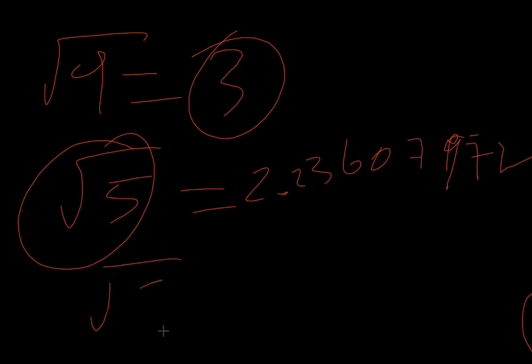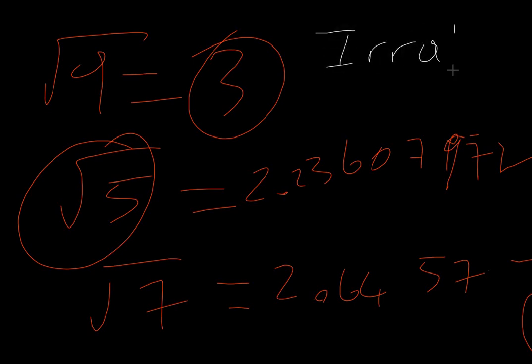let us try root 7 before I tell you what is actually happening right here. So we have the square root of 7, which is 2.6457, and it continues. And so whenever we have these kind of numbers, they are not rational numbers, but they are what we call irrational numbers.